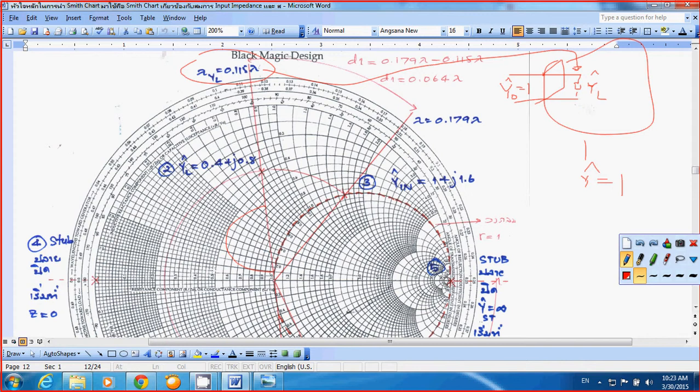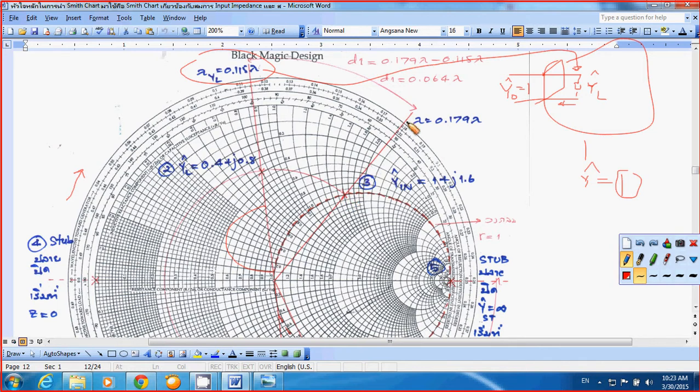So what you need to do is move your normalized load admittance to the left toward the source, or toward the generator. Sorry, this means you rotate that point in the clockwise direction. I start with the normalized load admittance and rotate until you intercept the circle of 1.0, because you want the real part to be 1.